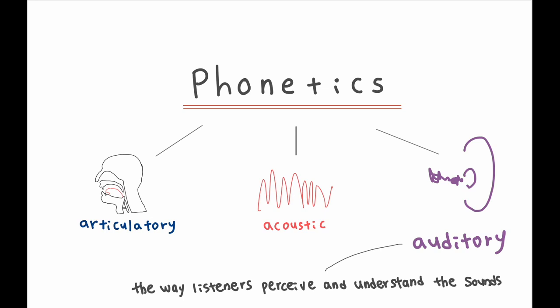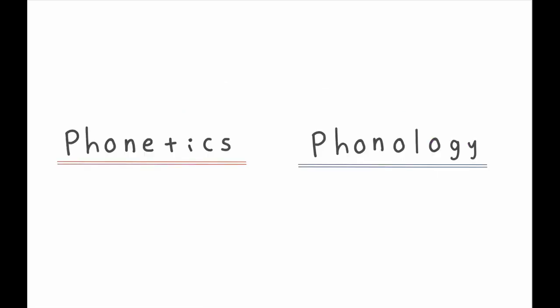Then, how is phonetics different from phonology? As I explained before, phonetics is concerned with the sounds of language, whereas phonology deals with the sound patterns. What it means is that phonology studies the rules or systems in different languages. In fact, all languages have particular rules in their sound system.